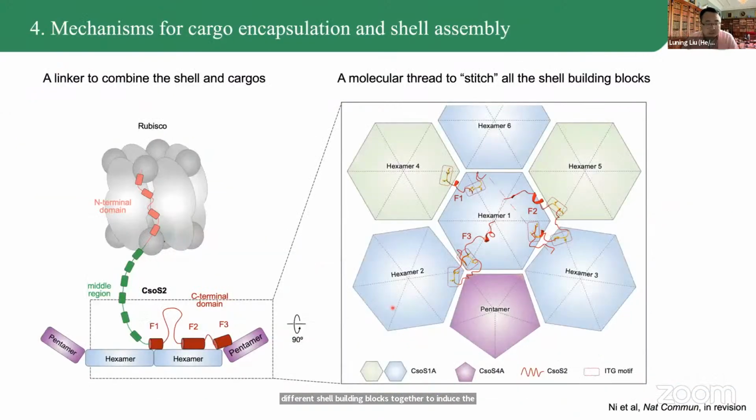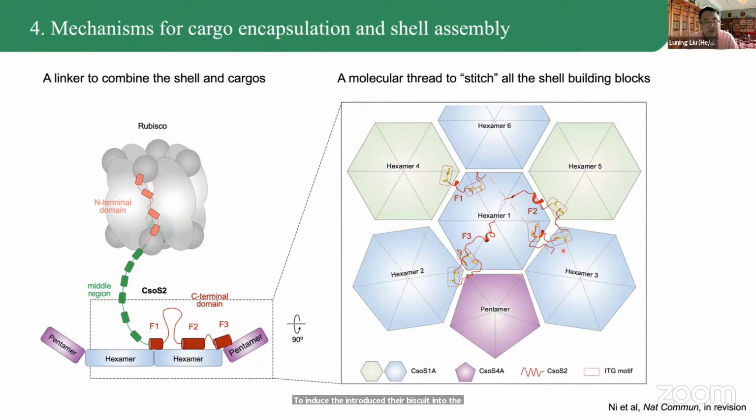So based on the structural analysis, we now have a much better understanding of the encapsulation and shell assembly mechanisms. For example, CsoS2 is a linker protein that uses the N-terminal to bind the Rubisco to bring the Rubisco into the carboxysome, and the C-terminal is driving the assembly of shell proteins.